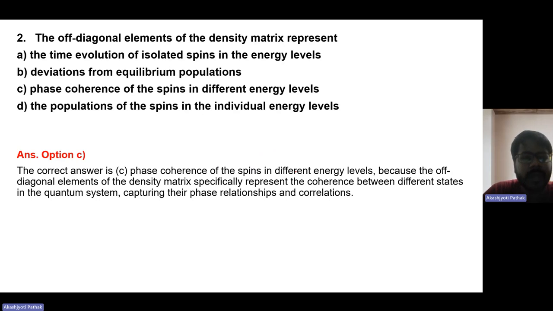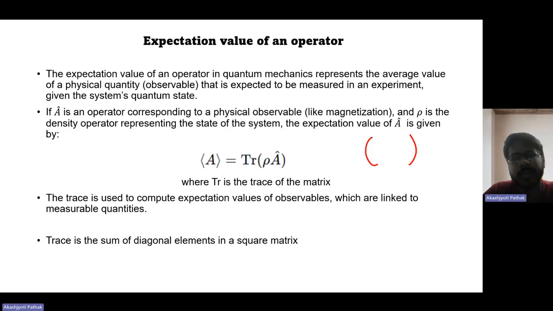And then we also understood the expectation value of an operator. The expectation value of an operator is what we are expecting for measuring a particular quantity. What is the expected value?